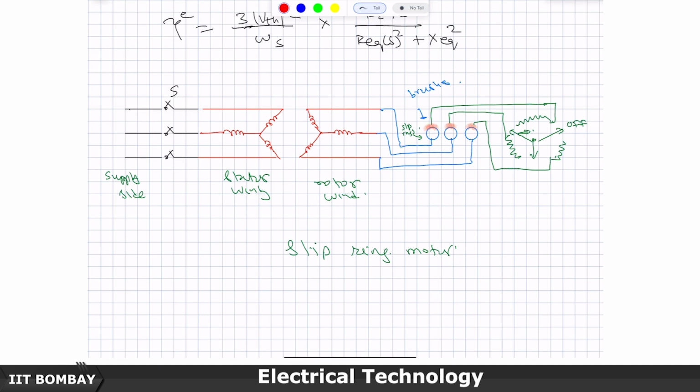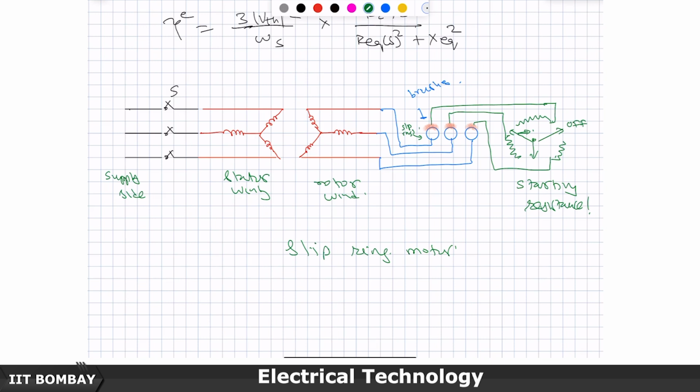The brush contacts bring it to the stationary objects outside, and then here I have a starting resistance as it is called. I will come to that, why I need a starting resistance, very quickly. But now what I am doing is I am not short circuiting it.